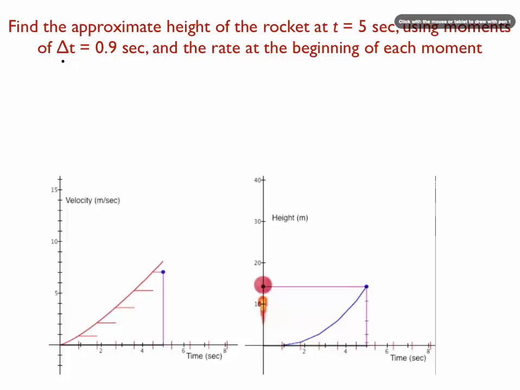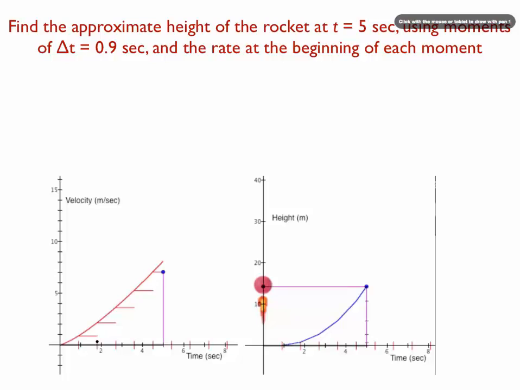Okay, and then we're going to take the rate of change at the beginning of each moment, and that's what this picture is showing. So in the first moment of 0.9 seconds, we're going to take the rate of change at the beginning, which is 0, right? And so we'll have a rate of change of 0 for that whole first delta t interval.